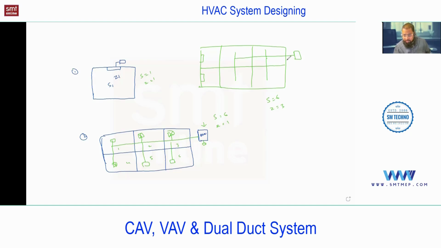So in that case, one outdoor unit, but connected with multiple indoors, multiple FCU or AHU, and each FCU or AHU has its own thermostat. So in case of VRF system, number of indoor units or number of FCU or AHU equals number of zones. And next we have a VAV system also, that also we'll discuss. In VAV system also, with one AHU you can go for multiple zones. But how, we'll discuss next.